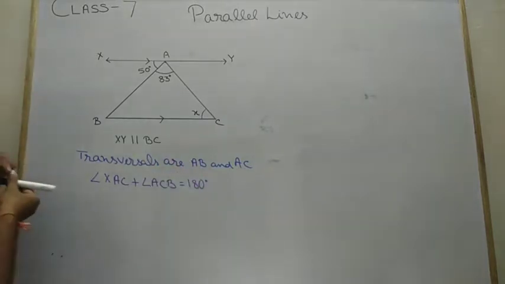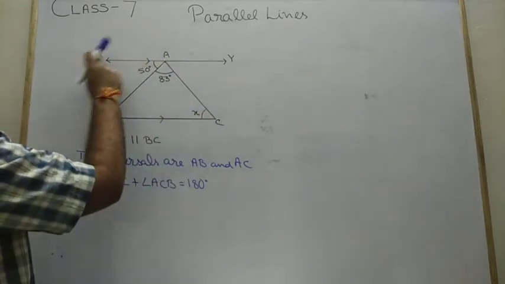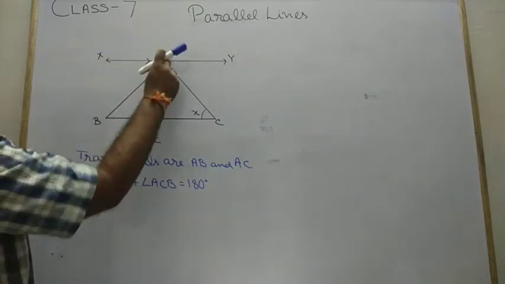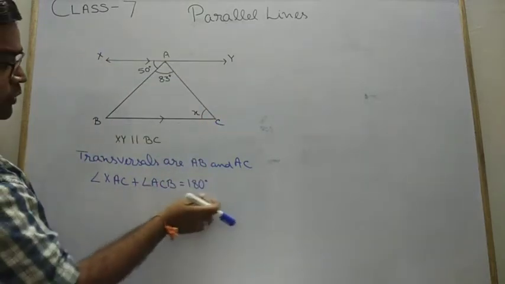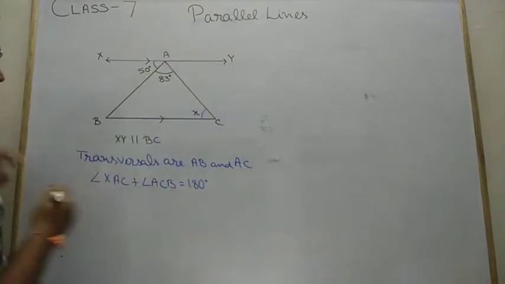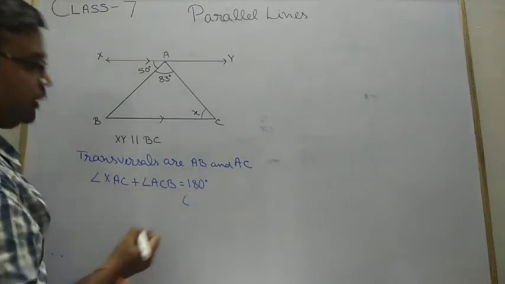Because if AC is a transversal, then this complete angle XAC and angle ACB are co-interior angles.